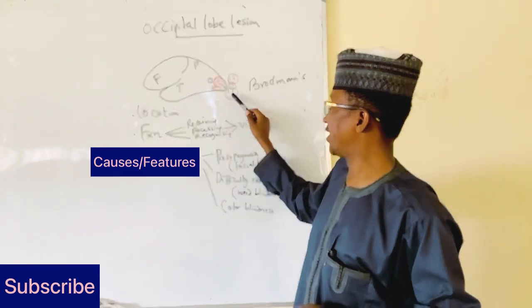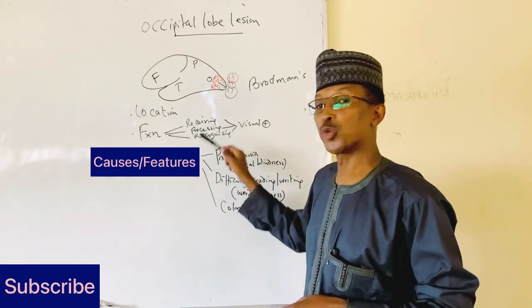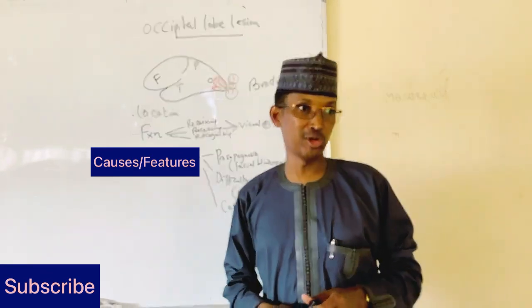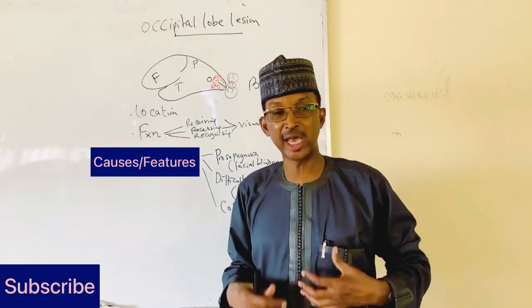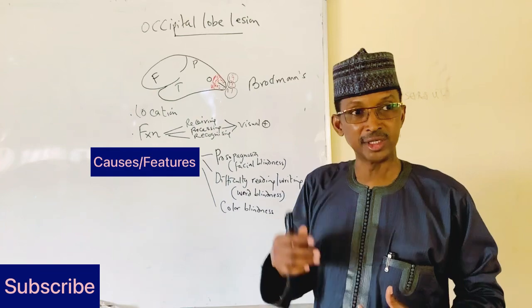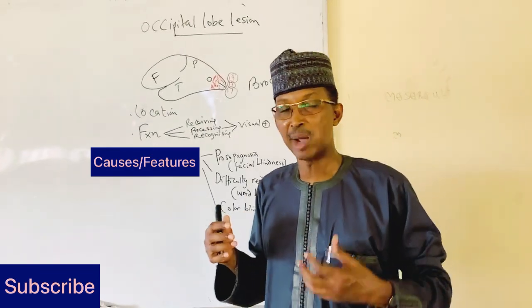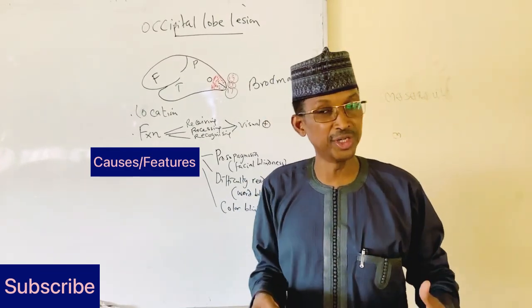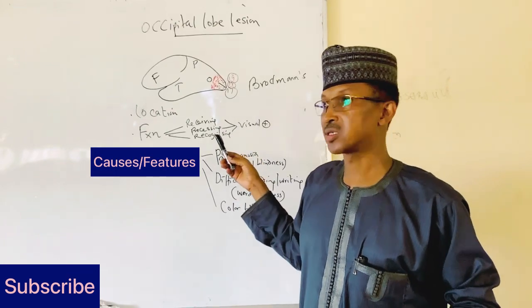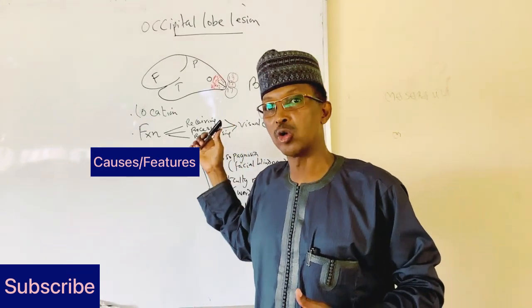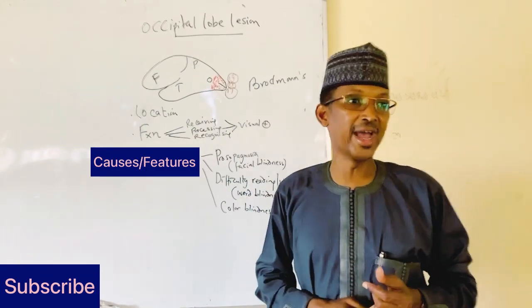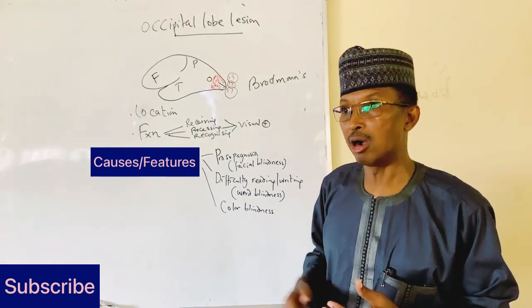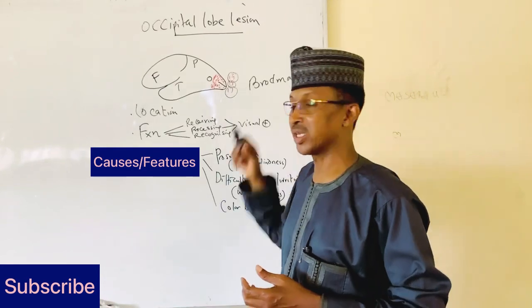Area 17 is responsible for receiving the visual stimulus. That means as you see me now lecturing you, you see the kind of dress I'm wearing, the type of cap I'm wearing, and maybe the glasses and what I'm also holding. These are all going to be received by area 17 of the occipital or visual cortex.